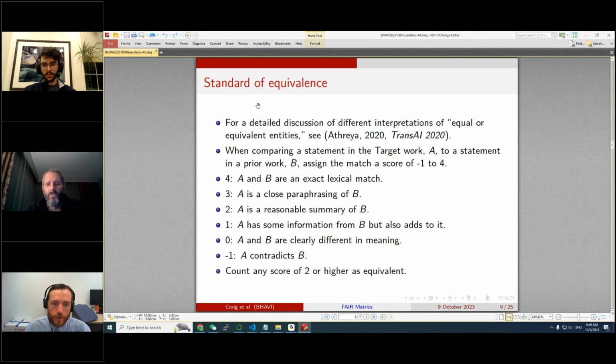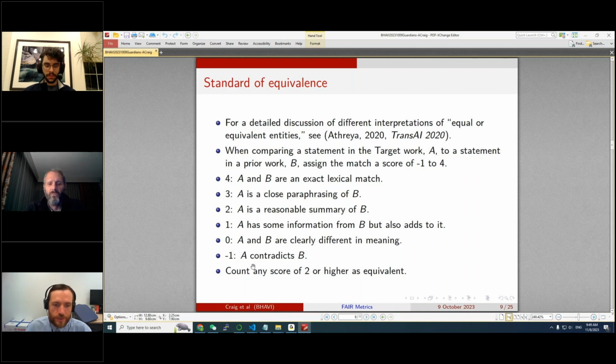So we've written, and in particular, Anusha Athreya has written quite a bit about the idea of equal or equivalent entities, which is a recurring theme in our work.